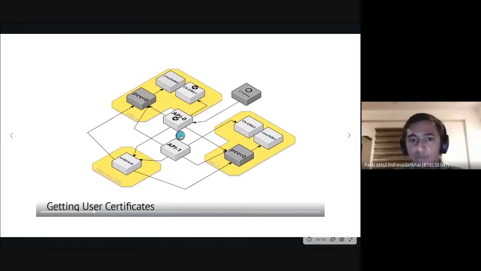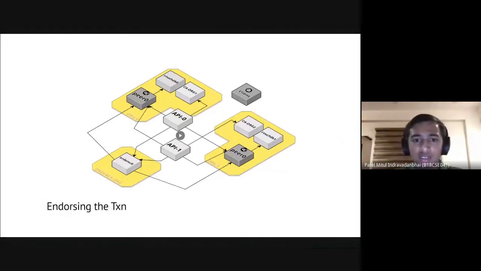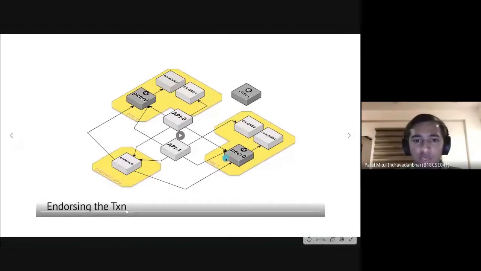So this API endpoint is activated, and it grabs some certificates from the certificate authority. Then it distributes the change request to peers of a particular organization. One thing about Fabric is its multi-organization architecture. It enforces multi-organization architecture in its software.